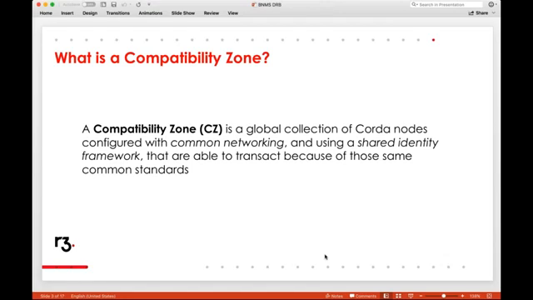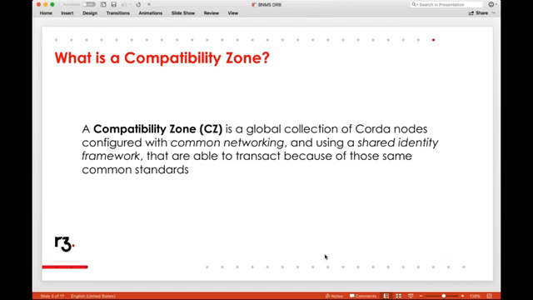This works because we introduced a common talking language, say serialization standards. So this also means that in a production compatibility zone, every node would have to run at least Corda version 3 in order to be able to talk to each other. Otherwise, Corda version 2 wouldn't be compatible with Corda version 3 because they are not talking the same language.